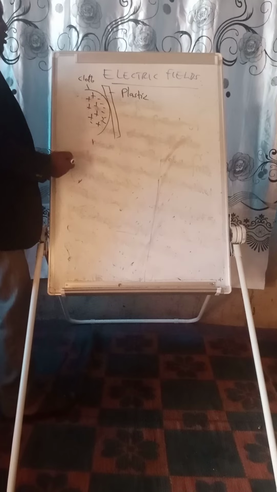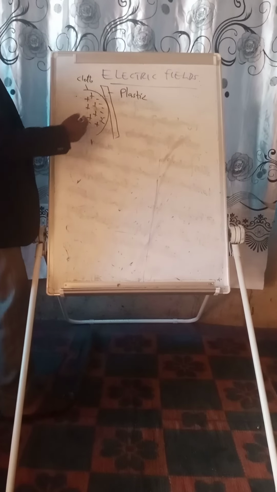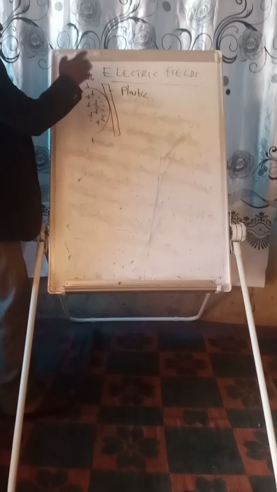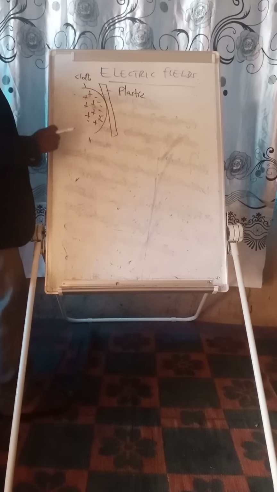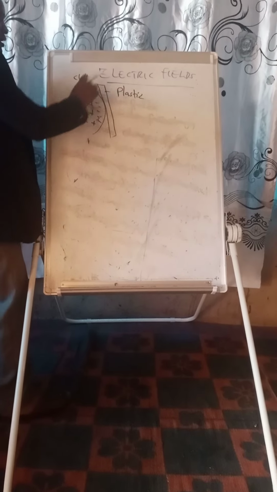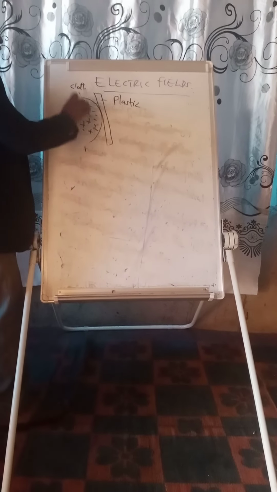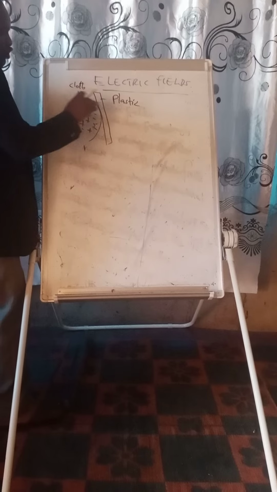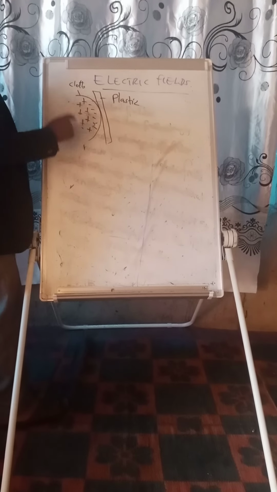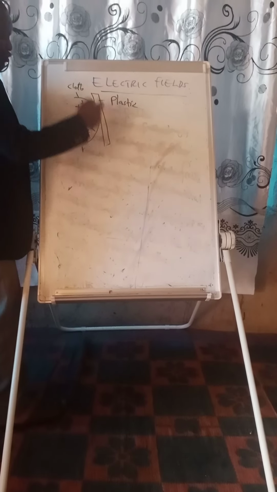In an uncharged object, electrons will always be the ones transferred, because they are not held strongly to the material. They are free to move. We say electrons are mobile, they can move.